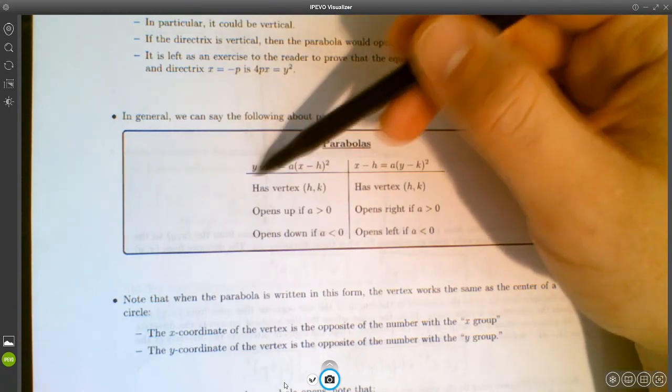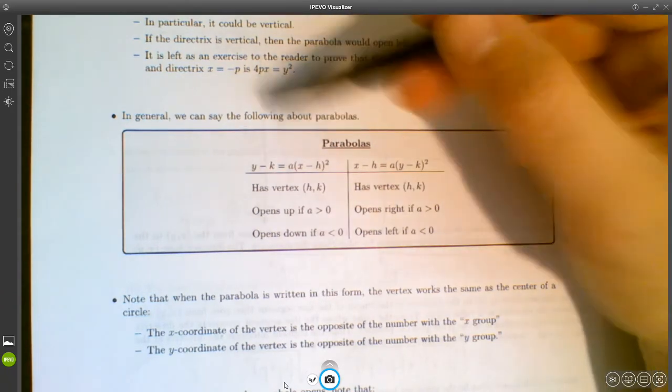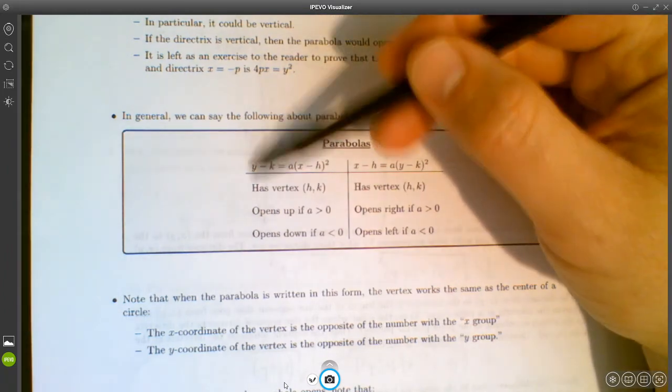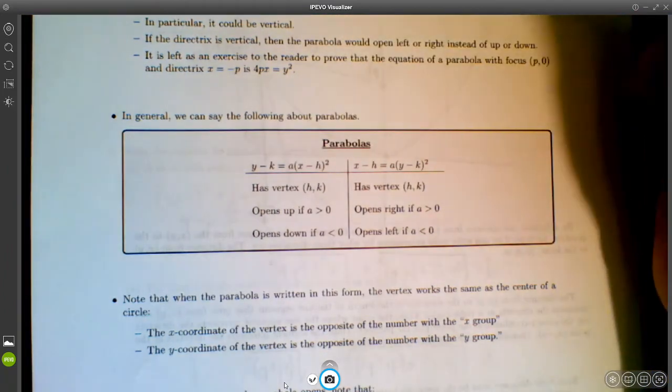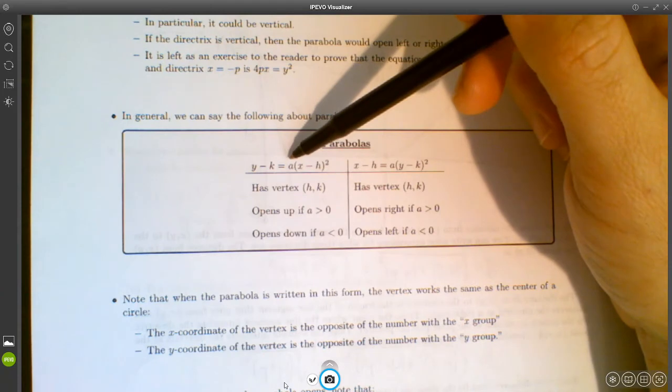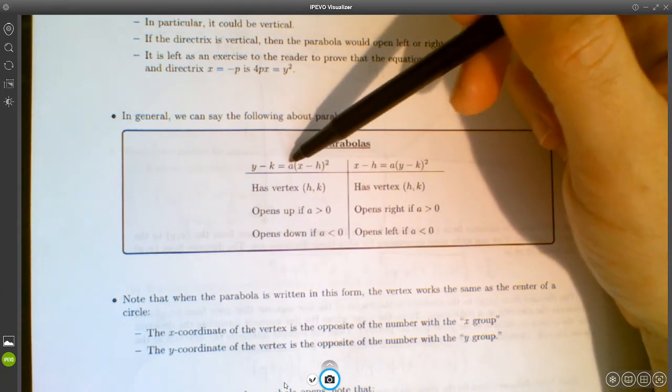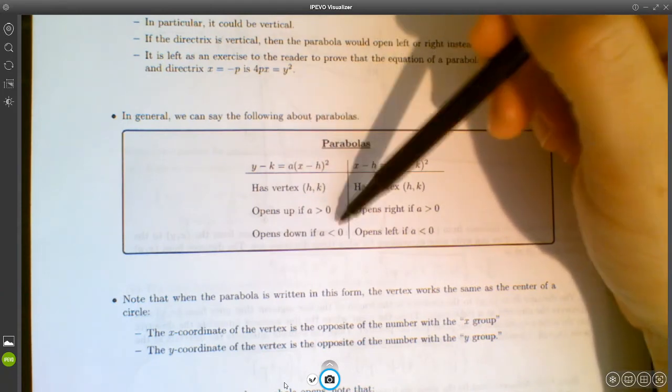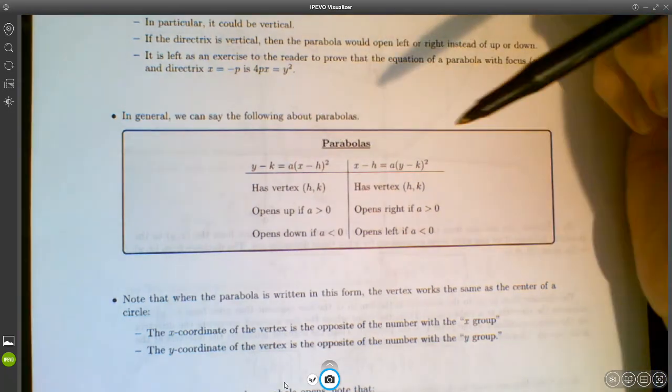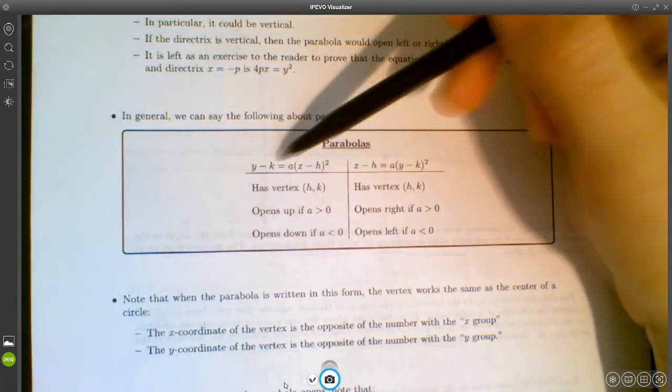Because y is leading, it's going to open along the y-axis. You can tell it opens up if a is a positive number. It opens down if a is a negative number. But then the vertex is (h, k).